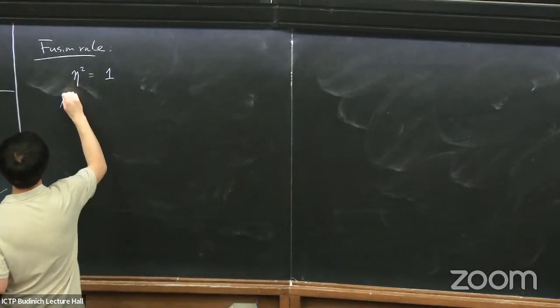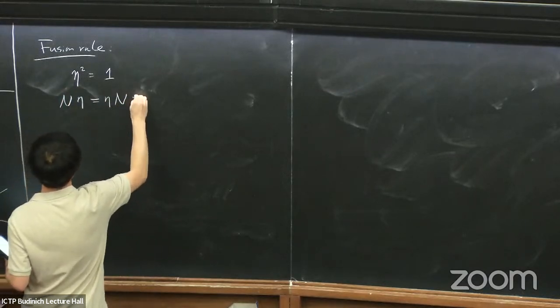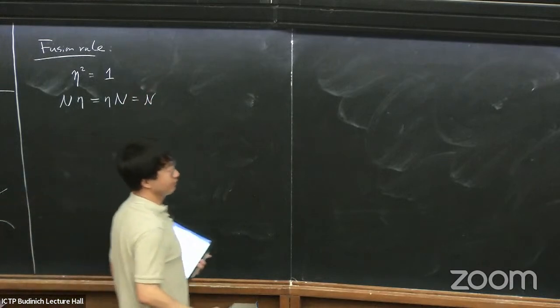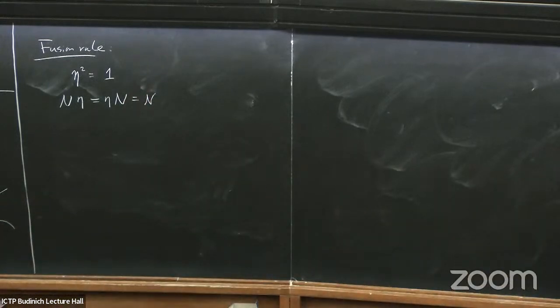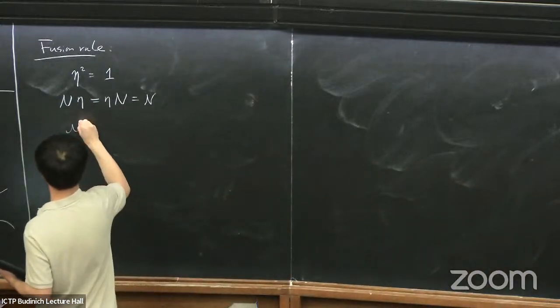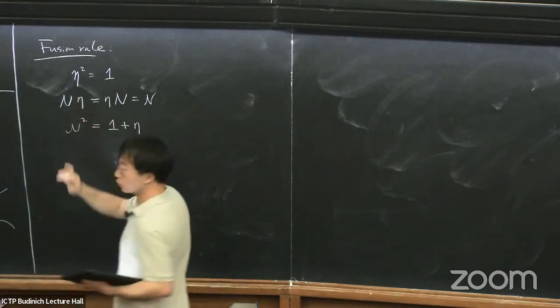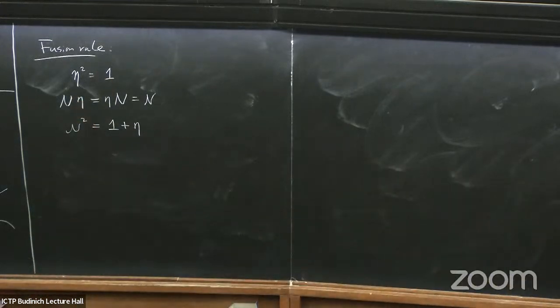Moreover, when you fuse the duality defect with eta in either way, you will recover the duality defect, because this entry is 0. Furthermore, if you square the duality defect, you get 1 plus eta. So these rules are uniquely determined just by postulating the most general fusion rule with non-negative fusion coefficients and consistency with this table.